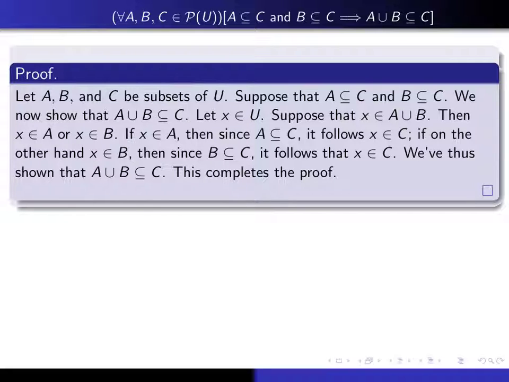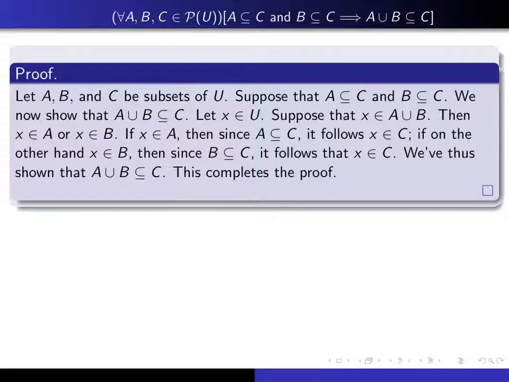And what I'm looking for next is to see that I've deduced that X is actually in C. So in case 1, I've said X is in C. In case 2, I've shown X is in C. So that means that I've carried out the full working definition of what it would mean to prove that A union B is a subset of C. And therefore, I have the right to say this. And once I do say that, I've deduced my conclusion, and therefore the proof is over.